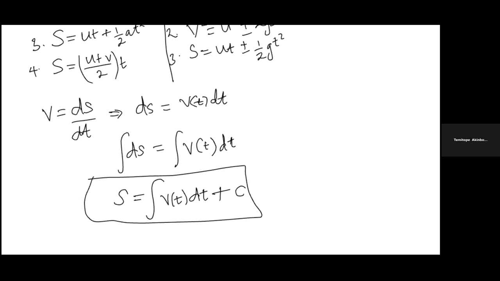Do you understand that? Yes, sir. And if you want to use the initial condition explicitly, you can say plus c, then substitute those values to determine the value of c. No qualms. So this is the formula we are going to use to find distance given the velocity function of the particle, or the speed of the particle or the object, as the case may be.